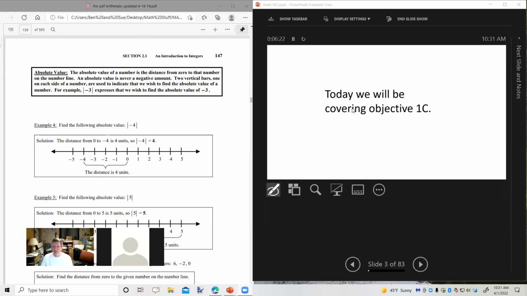All right, so today we're going to take a look at covering Objective 1C, which has to do with integers. I have my textbook up here on the left side of the screen, and there are some definitions and boxes that I'm going to refer to.